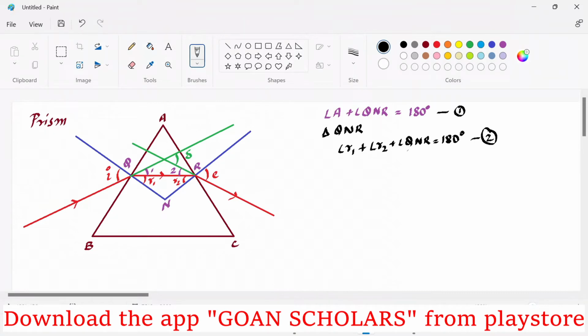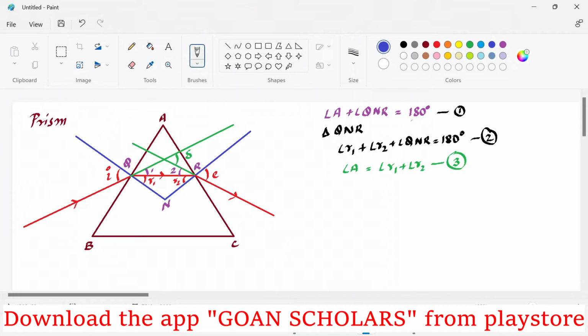So what can we say? We can say that angle A must be equal to angle R1 plus R2. Let me repeat. If I compare equation 1 with equation 2, then the right hand side of both has 180 degrees. One factor is QNR, so the other factor must be equal. Angle A is equal to angle R1 plus angle R2. This is your equation number 3. Very important. We will make use of it later.